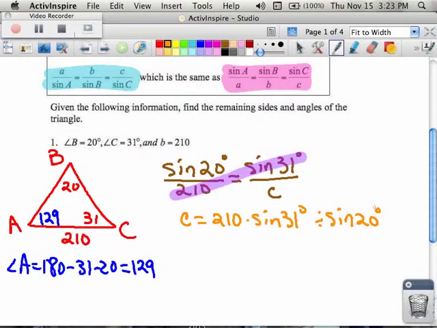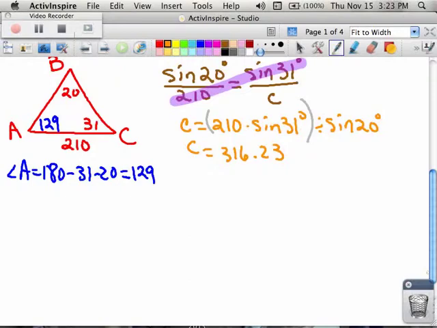You might want to include parentheses in your calculator, so do the numerator all together in parentheses and then divide by the sine of 20, to eliminate any errors. You can try this on your calculator now. What you should find is 316.23 for the c side.